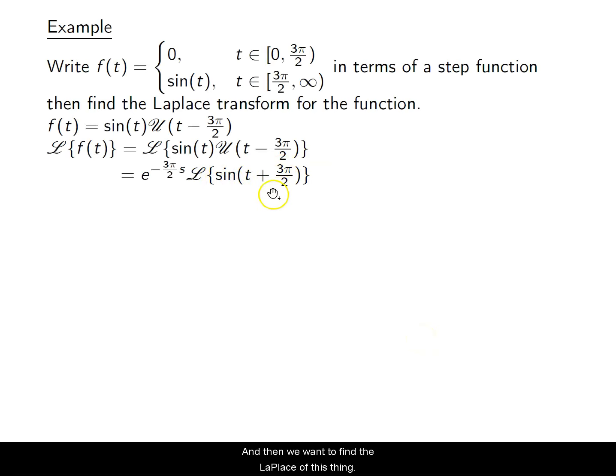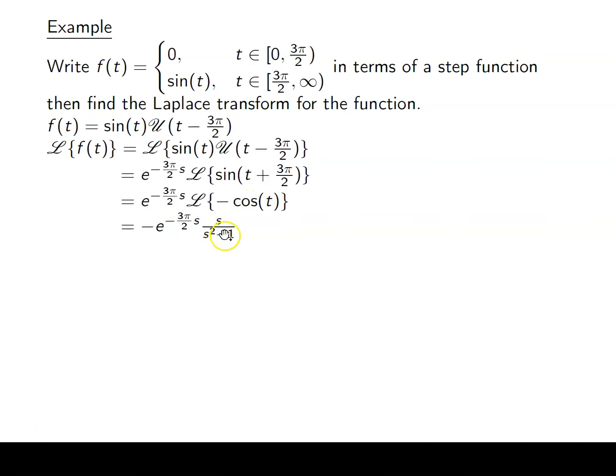And then we want to find the Laplace of this thing, right? So I know that sine of t plus 3 pi over 2 is the same as negative cosine of t, right? That's just from some of the identities of sine and cosine. So then I can just do my negative e to the negative 3 pi s over 2, and then the cosine Laplace transform.